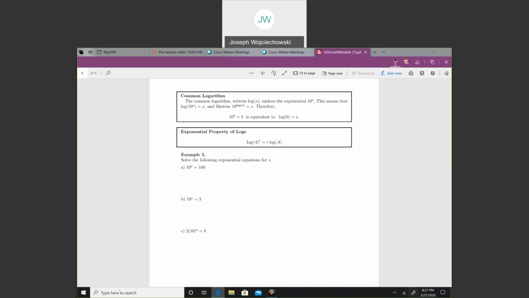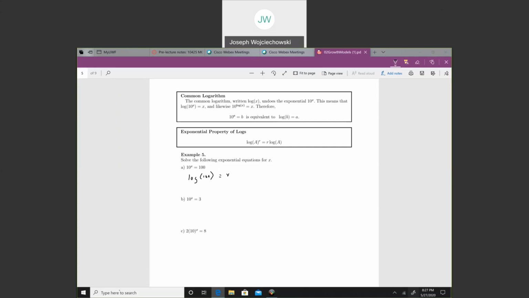So let's look at some of these common logarithms and see what we're looking at here. Our first one is 10 to the x equals 100. So the log of 100 equals x.